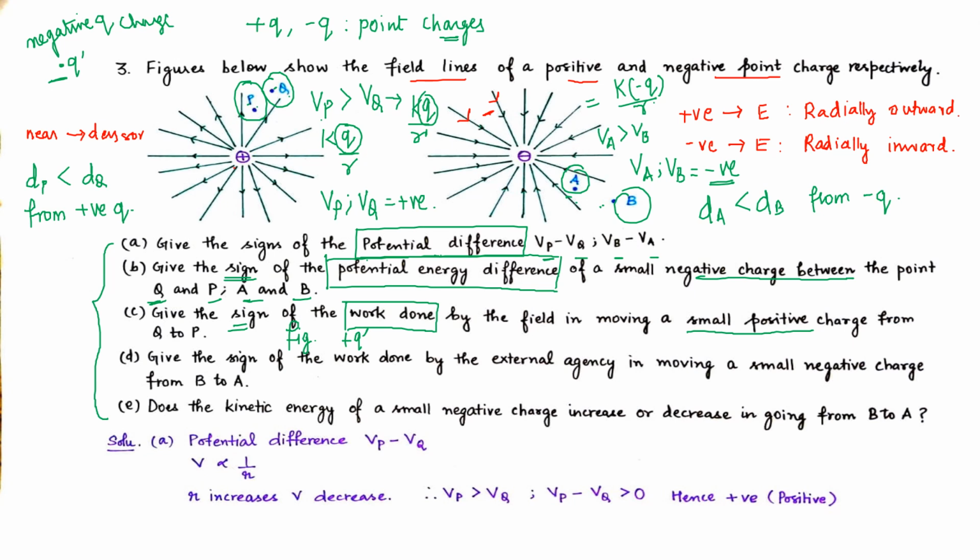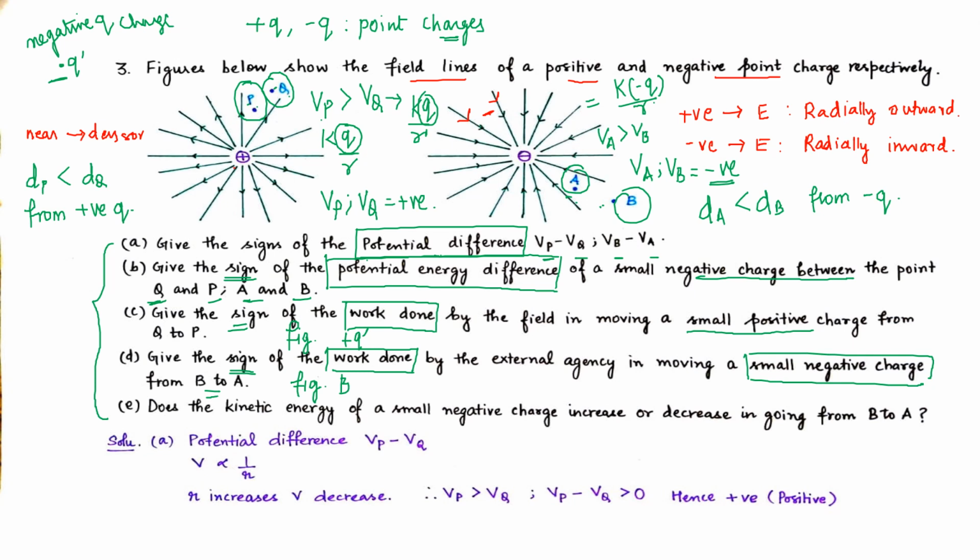In the D subset, we need to give the sign of the work done by an external agency in moving a small negative charge from B to A. The D subset relates to figure B.